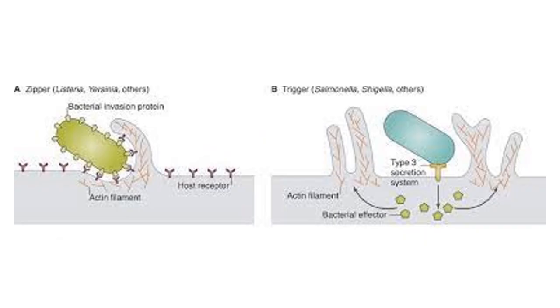Before coming to the next question, I will tell you what the zipper and trigger mechanisms are, by which bacteria enter into the host cell. So this is the zipper mechanism. The zipper mechanism is used by Listeria, Escherichia and others, whereas the trigger mechanism is used by Salmonella and Shigella. So what happens in the zipper mechanism? Escherichia species encode invasin. This is the bacterial invasin protein.